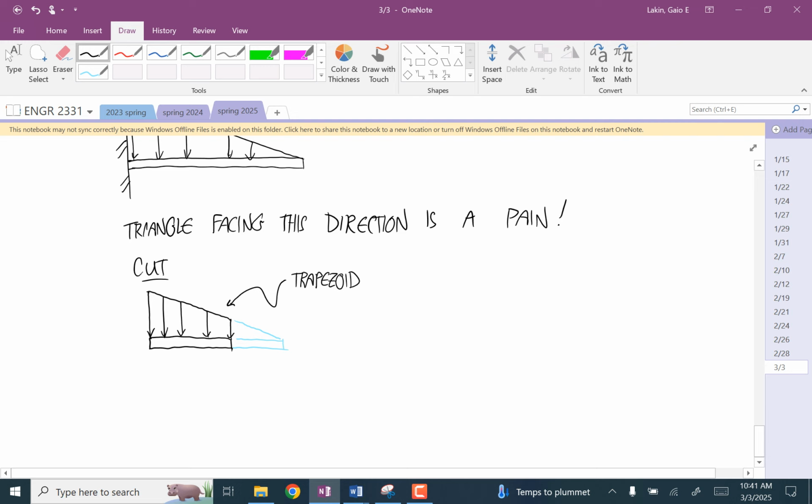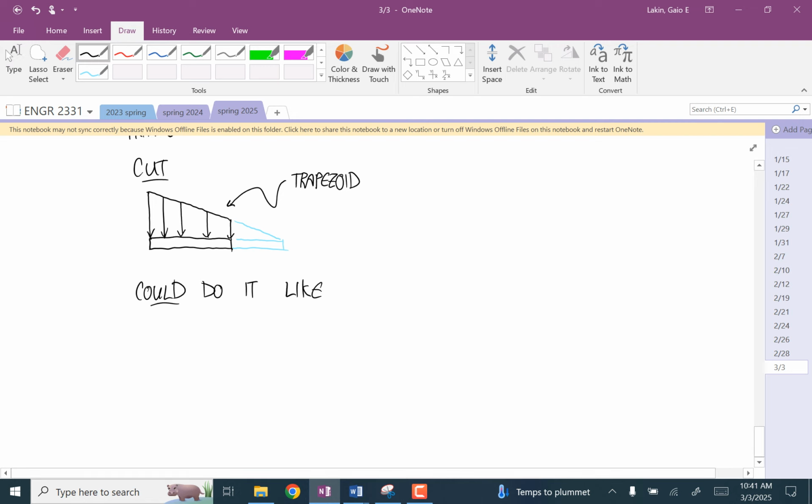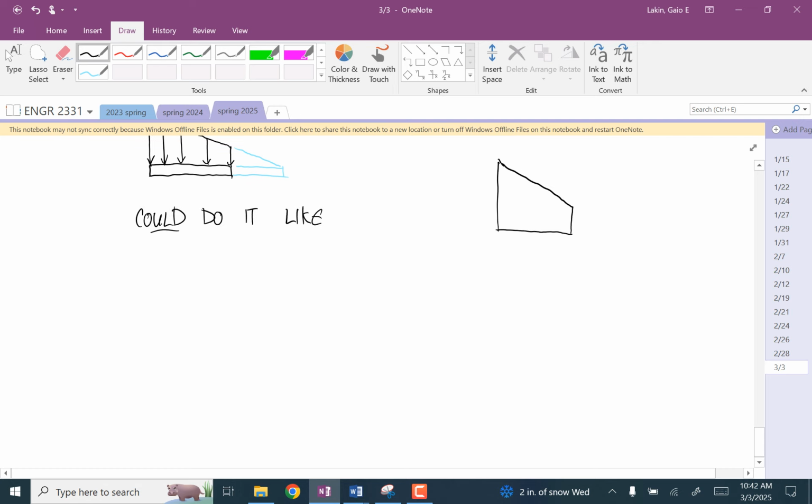Well, it's definitely not impossible. I mean, you could do it like this. Break it up into, so this trapezoid has a height of 1,000 over here.